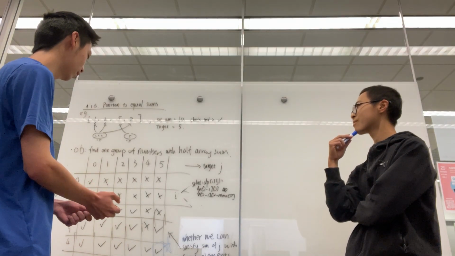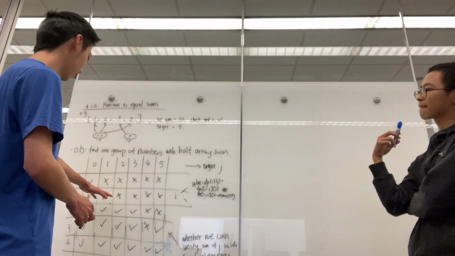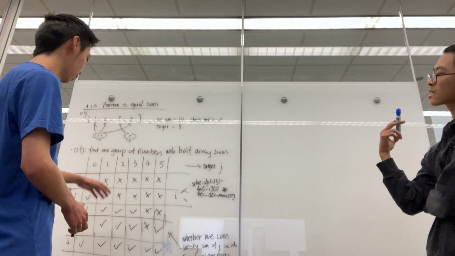I'm trying to think of, because for example, let's look at the first row. You're looking at num equals 1.